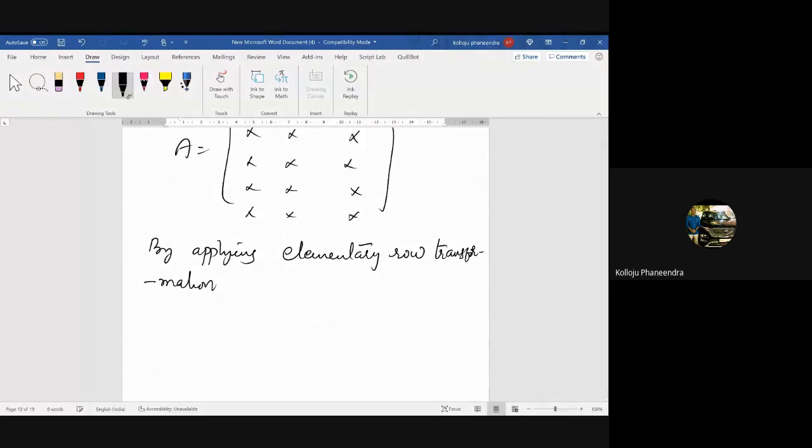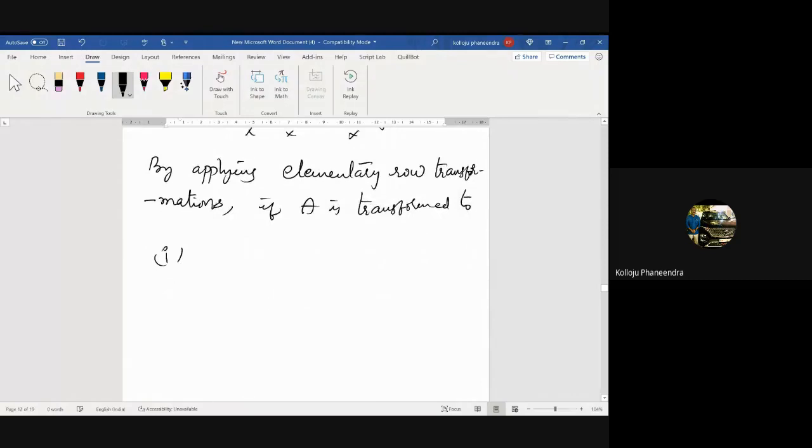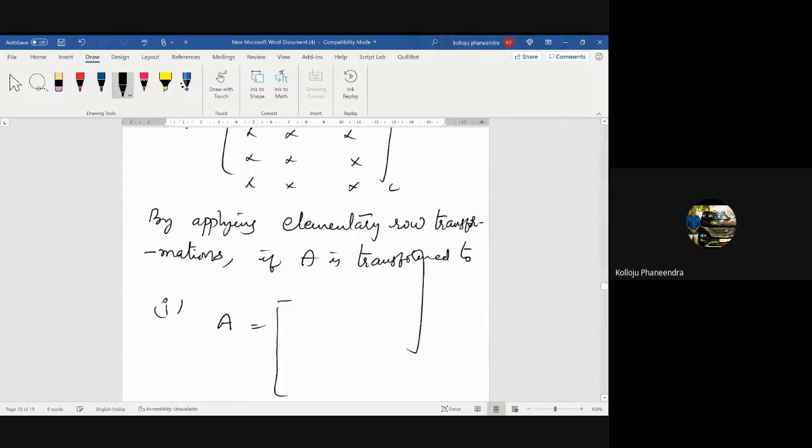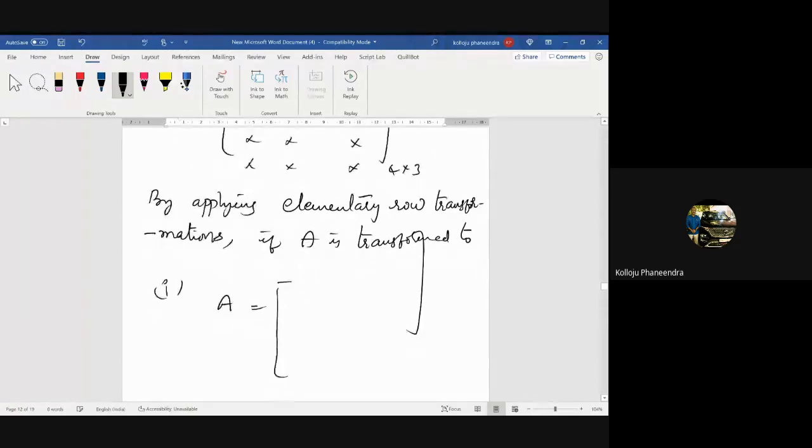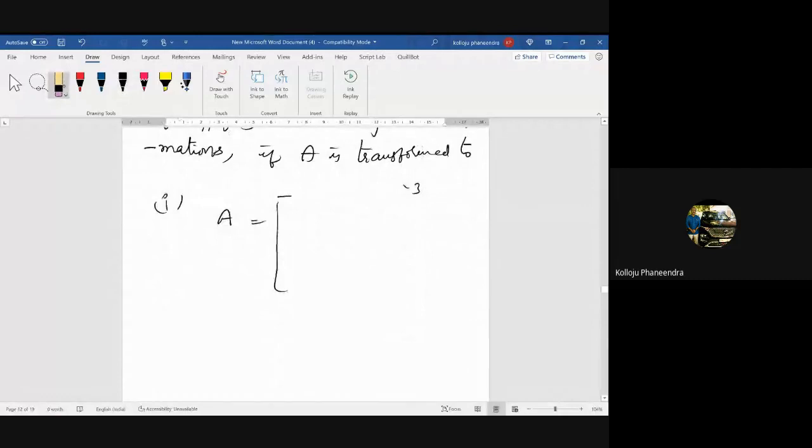By applying row transformations, A is transformed to, now I'm writing so many various conditions. Matrix A reduces to what? This is a 4 by 3 matrix.